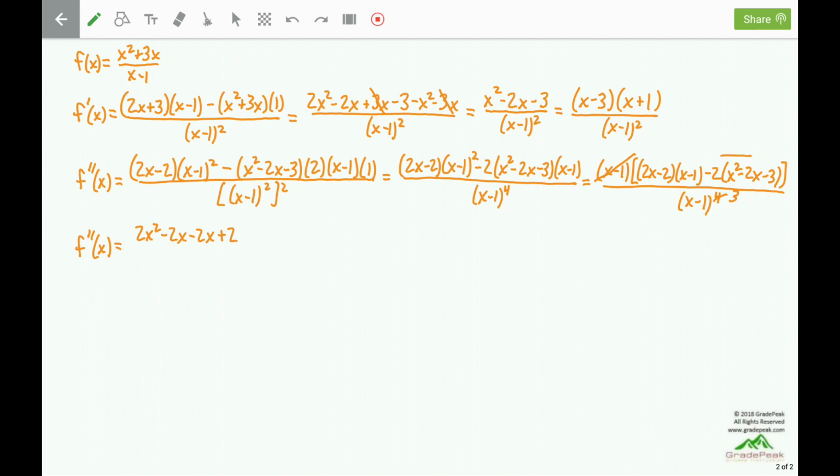And we can distribute a negative 2 into this, which will give a negative 2x squared, a positive 4x, and a positive 6. All this is over x minus 1 cubed.